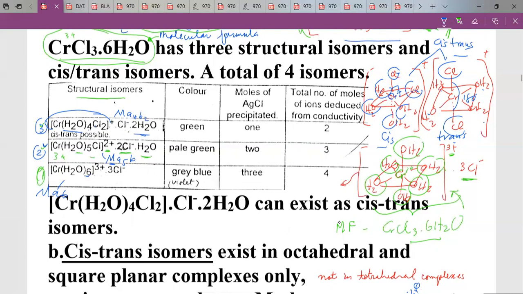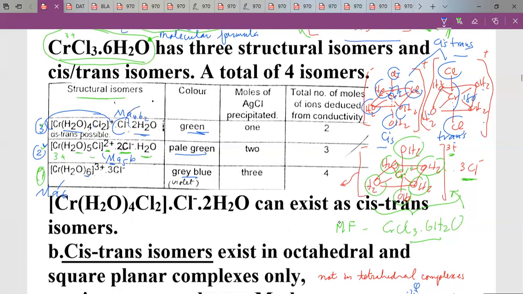Okay. Now remember this question came out. I'll show you. Now the color is all different. This is blue, gray, or violet. This is pale green. It's green. And of course, the Cl minus here comes out when you dissolve in water.